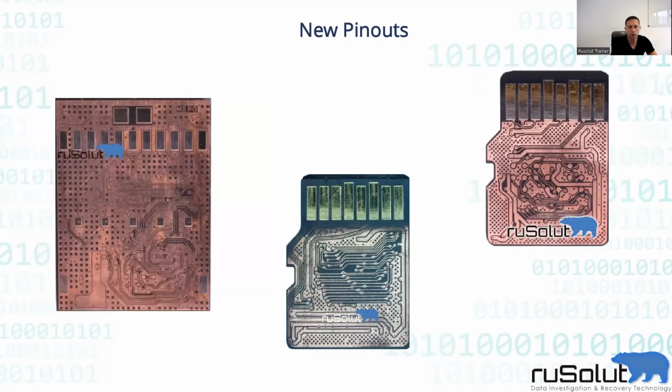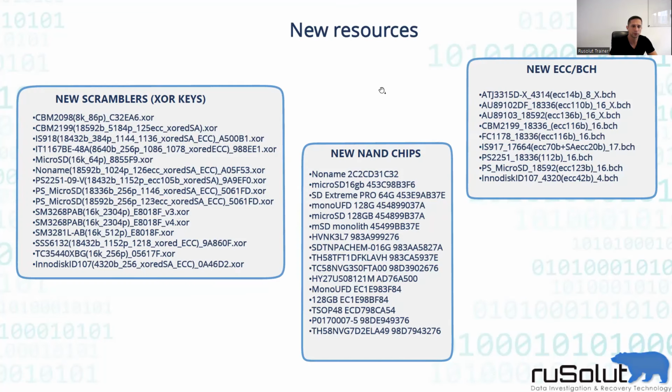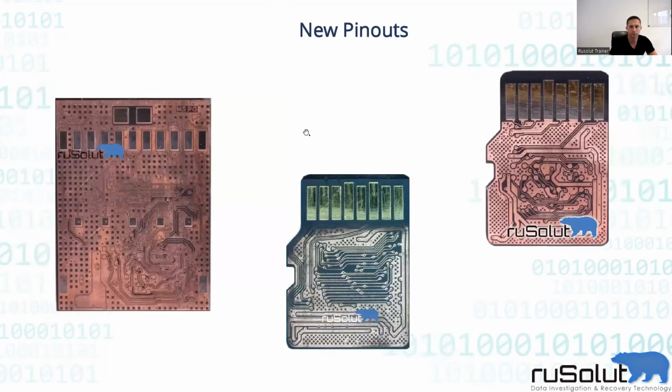It's all available in updated databases. To get new pinouts, you basically don't have to do anything. For the new resources, you need to download database files from your client portal and update them. Then you're going to get these new resources.